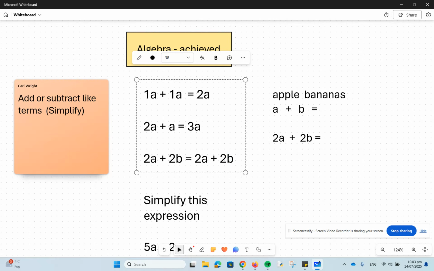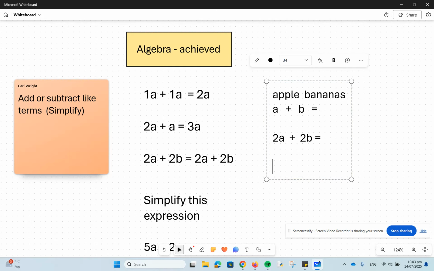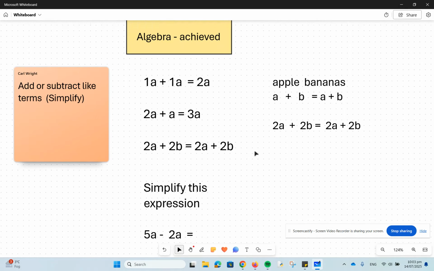So if this was a squared and a, you couldn't add them together. Okay, hopefully you're getting that. So over here we've got a plus b, and our answer would be a plus b. Yeah, that's right, because you can't add them together. Now we've got 2 a's plus 2 b's. What are we going to get for our answer? No, we can't add them together. So you should just put 2 a's and 2 b's. Can't change that, okay? So hopefully that is starting to make sense.